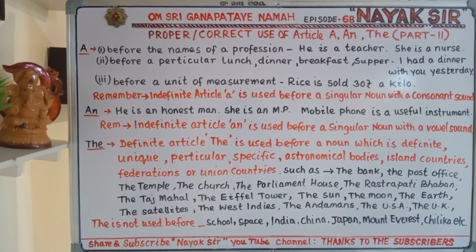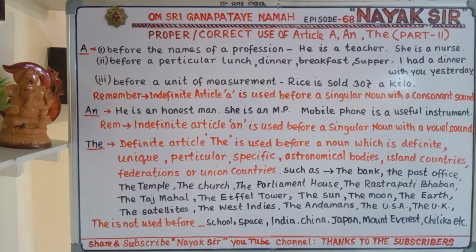Mobile phone is a useful instrument. A useful. When the first letter of a word is U but it is pronounced as 'yoo', you must use a before it. Other than the pronunciation 'yoo', you can use an.